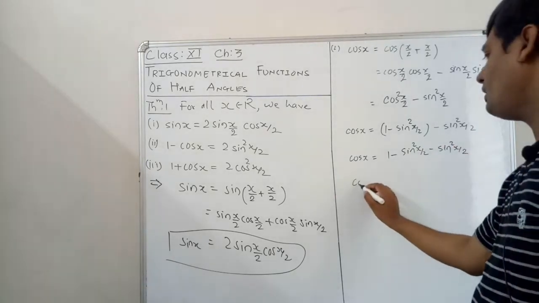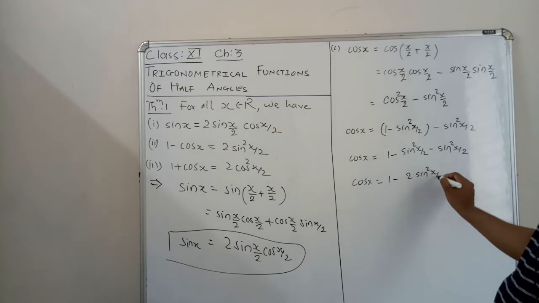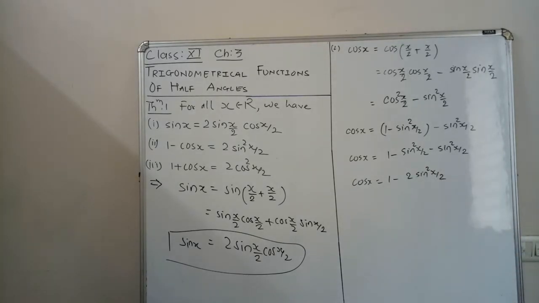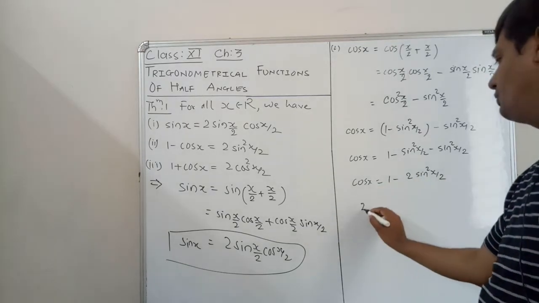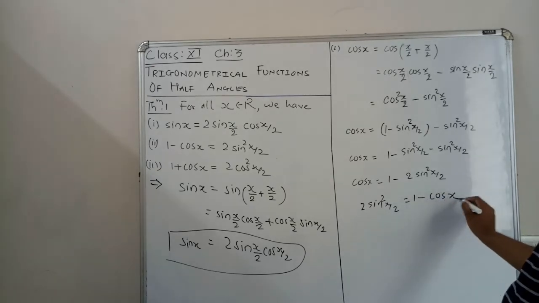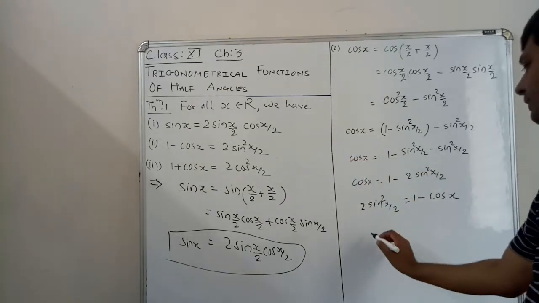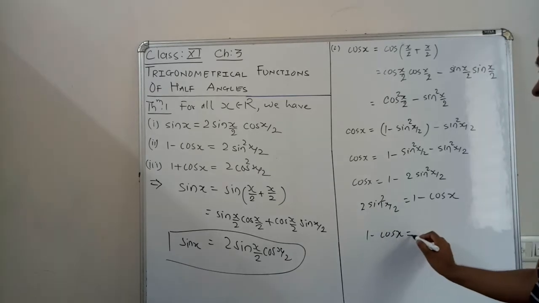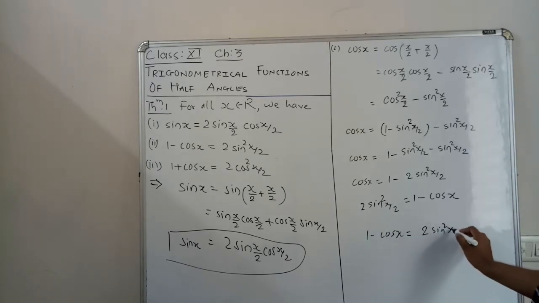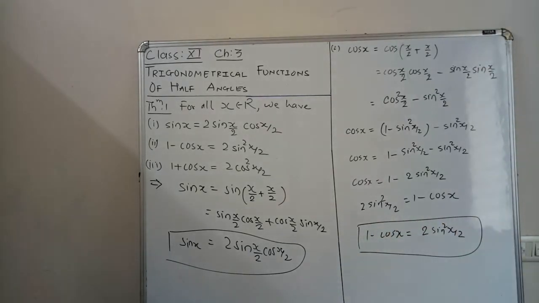Now cos x is equal to 1 minus 2 sin square x by 2. So 2 sin square x by 2 is equal to 1 minus cos x. So simply, 1 minus cos x is equal to 2 sin square x by 2, right? This result also comes from 1 minus cos 2x is equal to 2 sin square x.